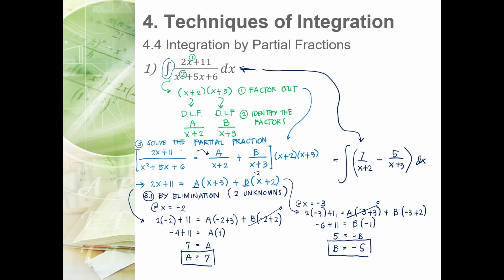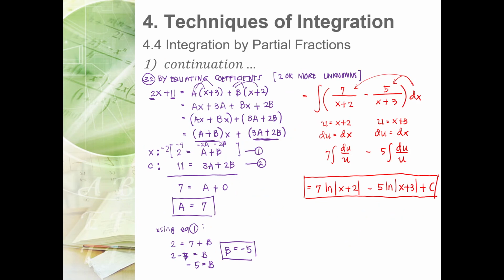So again, the steps are super clear: 1, 2, 3, and then 3.1 or 3.2 depending on the unknowns that you're going to have. And then the fourth step is to integrate.